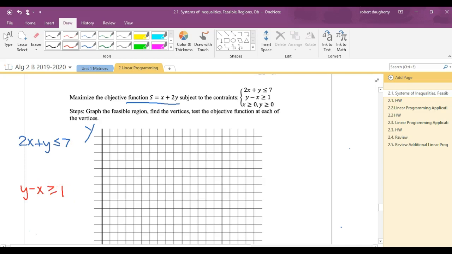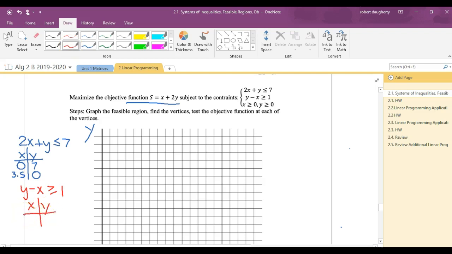So let's go back to this first one, and I'm going to do something like this every time. What are the easiest numbers in the world to pick? 0. If x is 0, when I'm going to graph the line, what would y have to be? 7. If y is 0, what would x have to be? 7 halves, or 3.5. And over here, I've got x and y.